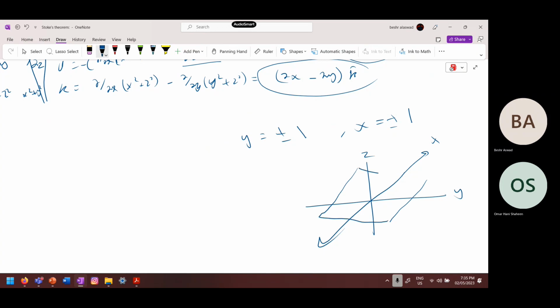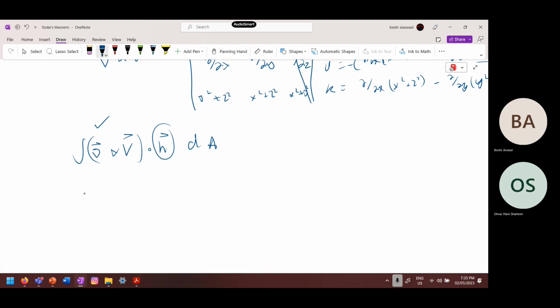It's just a normal plate in 3D space. Where's the normal of this surface? Knowing that the path is walking this way, applying the right-hand rule, your fingers will go here, your thumb will go up. This means that the normal vector is just k hat.